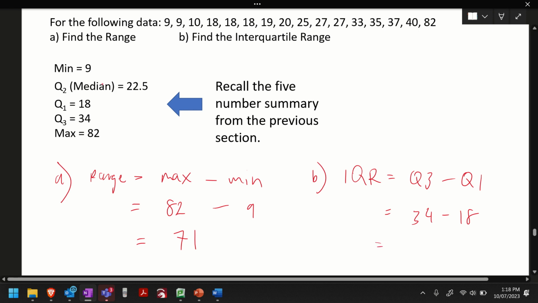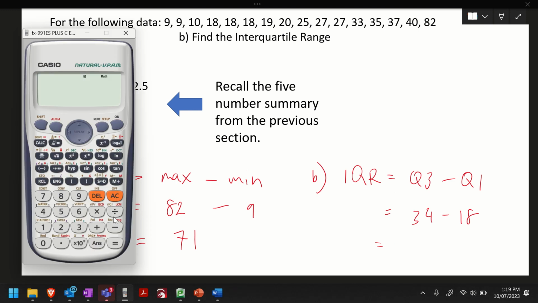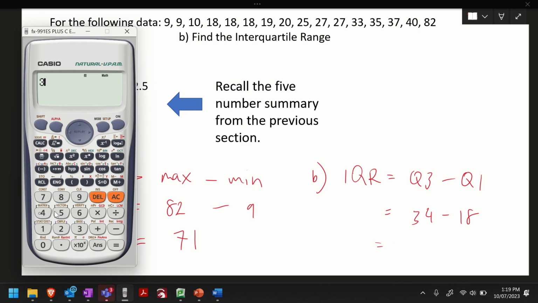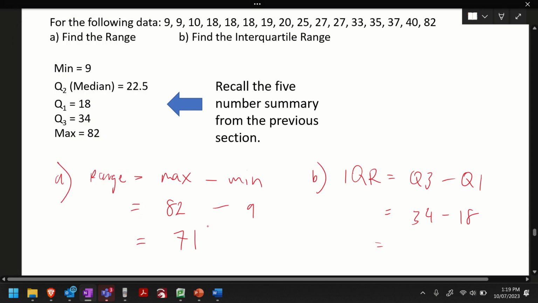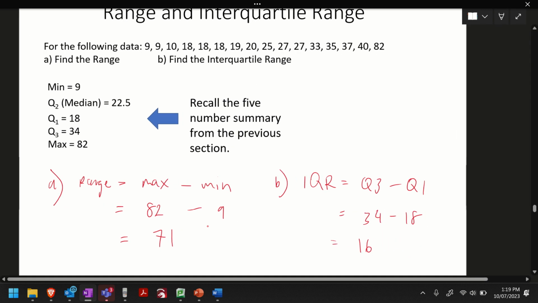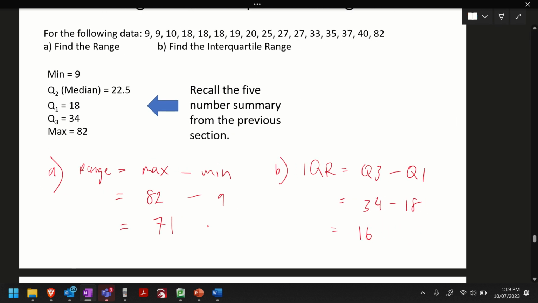I think it's 16. Just double checking. Easy. That's really all you need to do for these questions. Range, max minus minimum, IQR, Q3 minus Q1. If it asks you for that, you need to be able to do that.